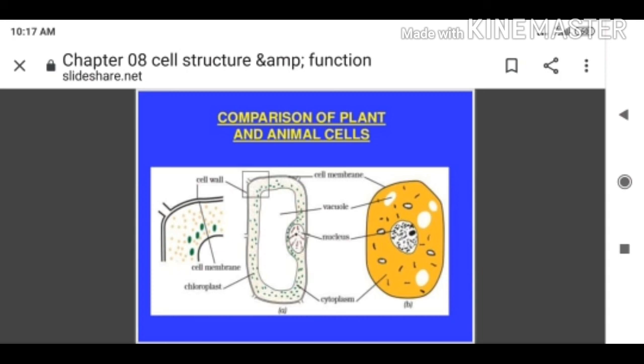In the plant cell you are able to see a big central vacuole. In the animal cell vacuoles are present but they are very small in size. And the nucleus is in the center in the animal cell, but in the plant cell it is not in the center, it is at the side, or we can say it is peripheral.